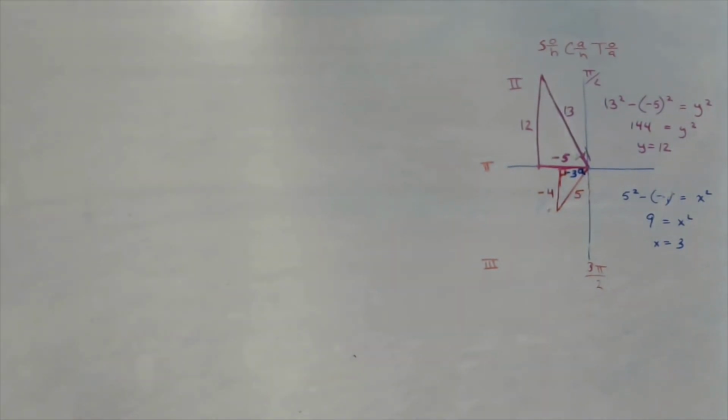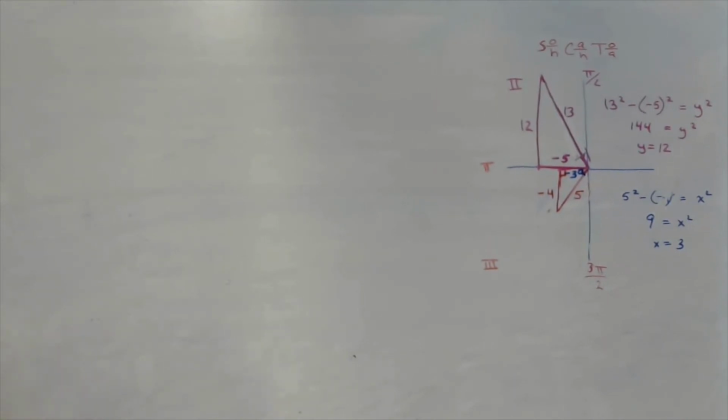Okay? So now we have a whole bunch of information that allows us to get our values of certain things when we're applying the addition formula for tan, which is what we're using here.